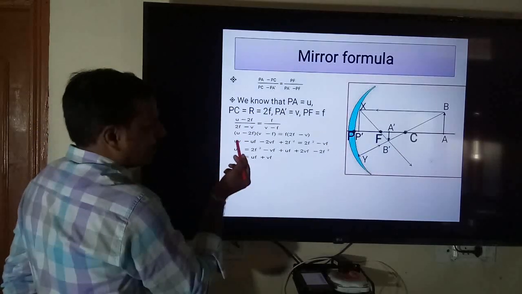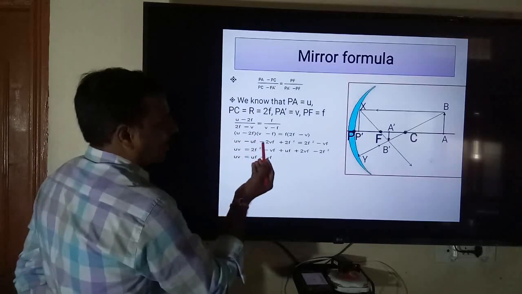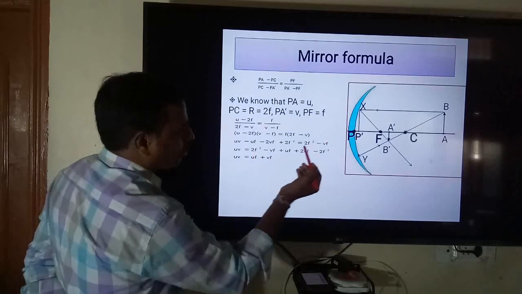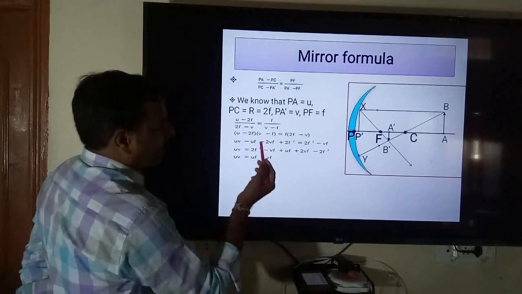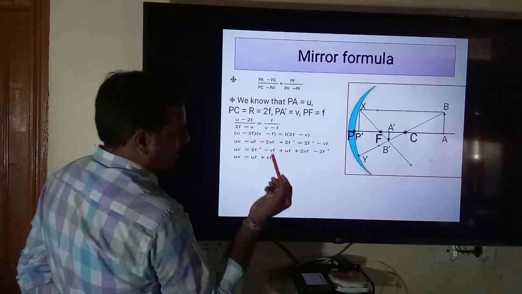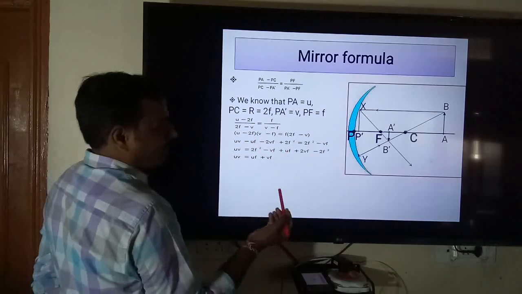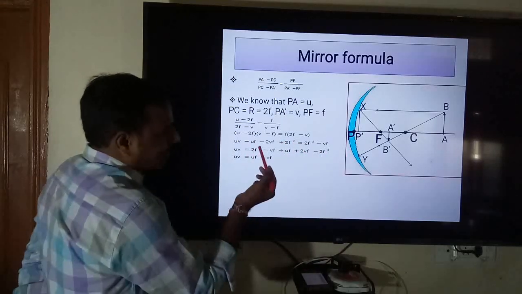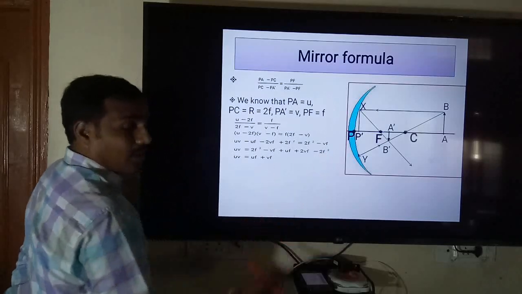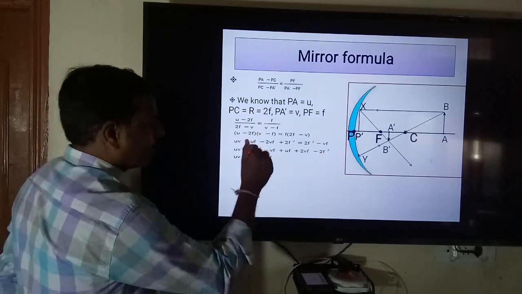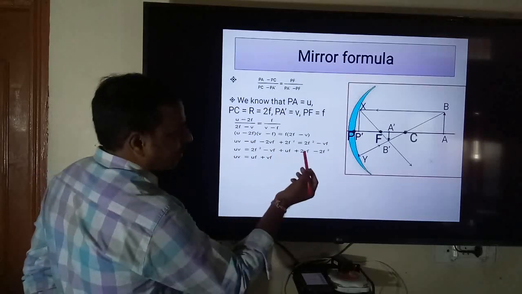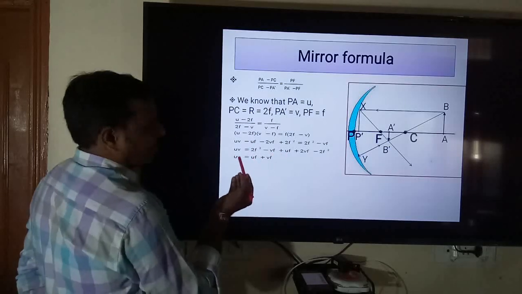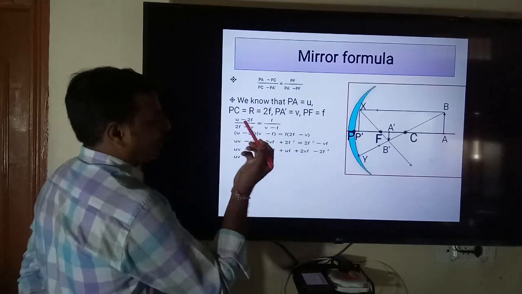For that I am keeping UV on the left side and moving all these terms to the right side. Already on the right side we have two terms, 2F square minus VF. Then minus UF becomes plus UF, minus 2VF becomes plus 2VF and plus 2F square becomes minus 2F square. See here, 2F square and 2F square with opposite signs, so these two get cancelled. Now minus VF plus 2VF gives 1VF, and UF is UF. So we get UV equals UF plus VF.